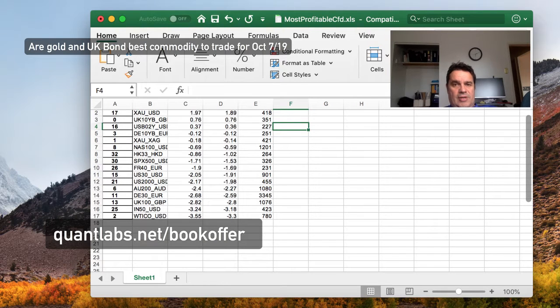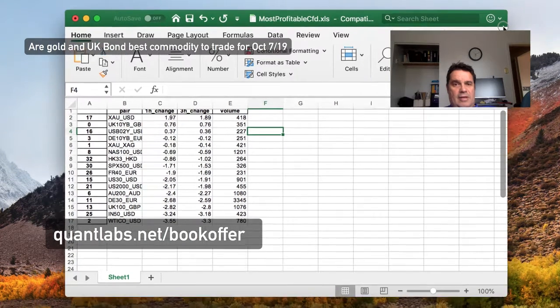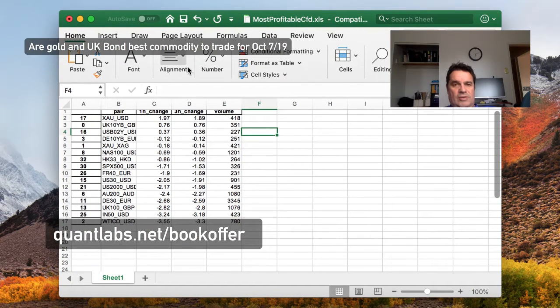Here's the order you can see, I'm just doing a 3-hour move. For CFDs, it is definitely gold against US dollar. Then, this is the poor man's gateway, so it's gold against US dollar, and then UK gilt.